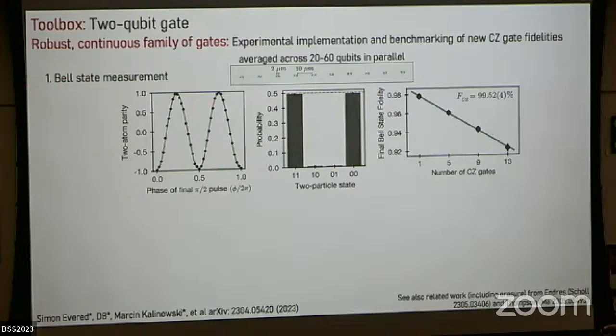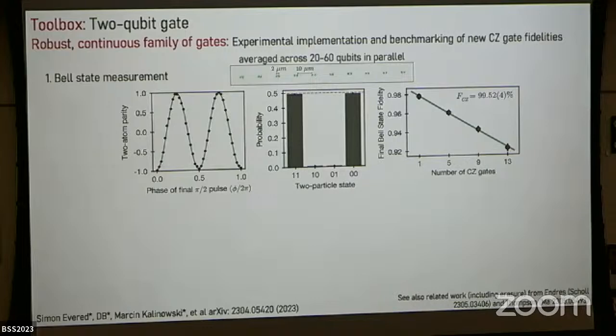You can measure the population in the two states of your Bell pair superposition and measure the parity, which measures the phase between them. I won't go too much into the details of how we measured this, but basically we could benchmark the fidelity of the CZ gate during these measurements of the Bell state pair to 99.5.